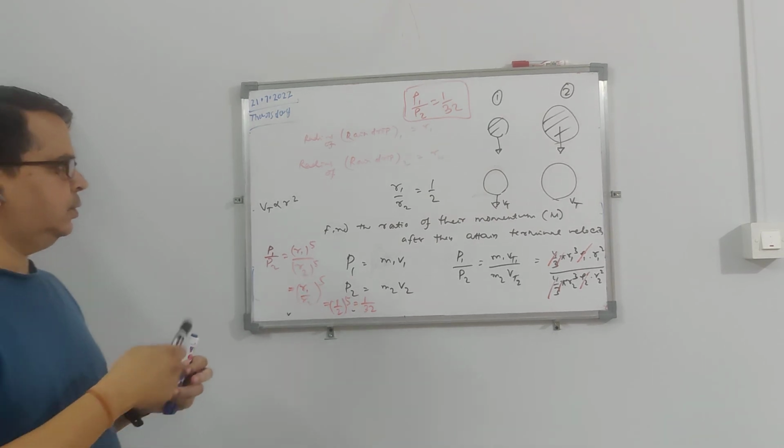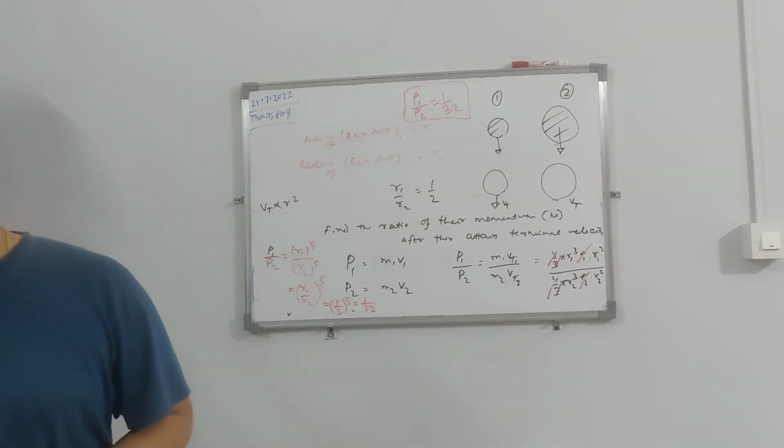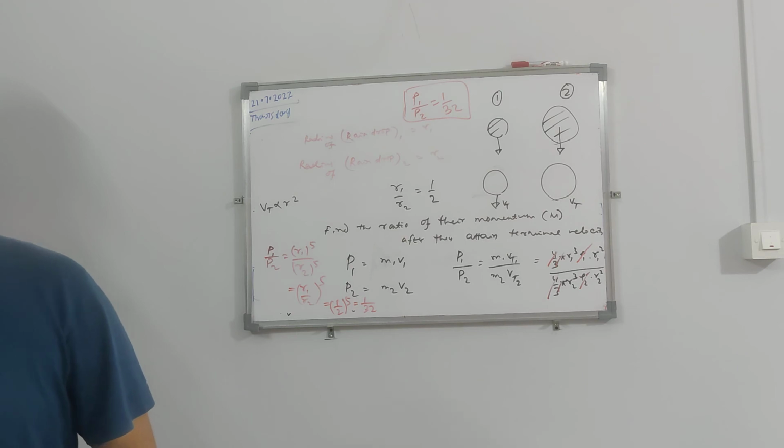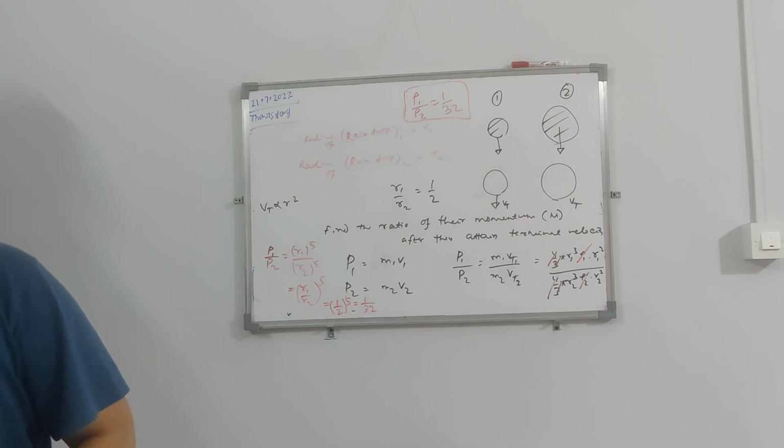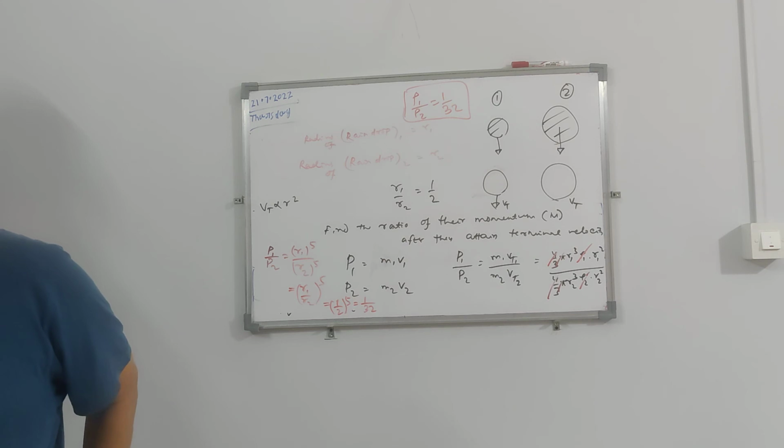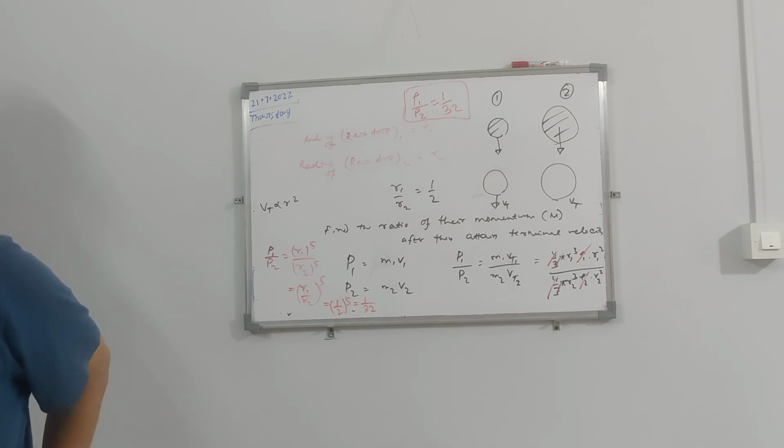So like this, there is another numerical. Two spheres of the same material but radii R and 3R are allowed to fall vertically through a liquid of density, so find the ratio of their terminal velocity.